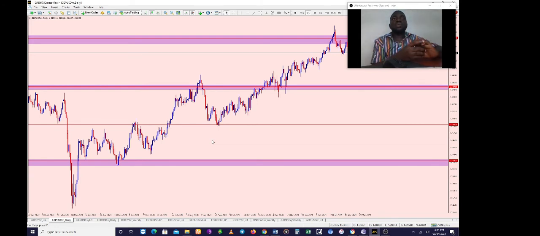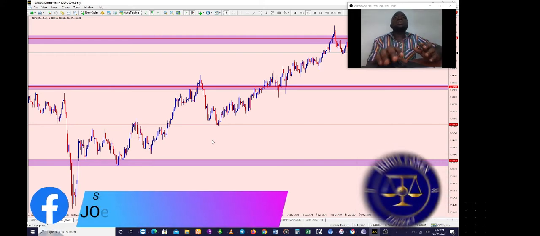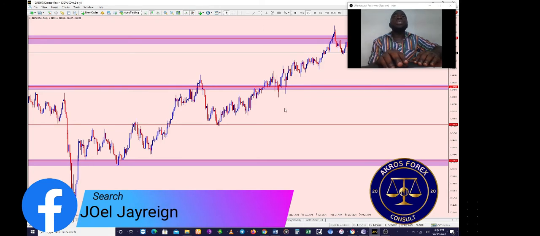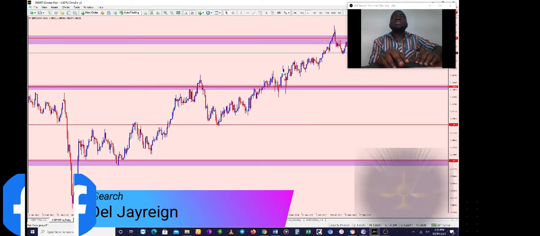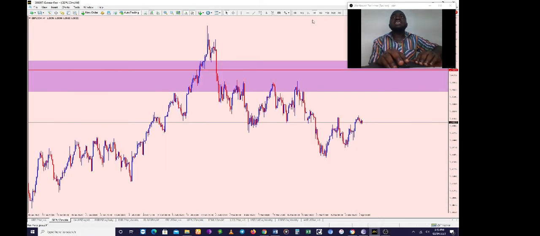But the most important support and resistance is to draw from the higher time frames: the monthly, the weekly, and the daily. The 4-hour is where you assemble all your strategies together with the foundation of the technicals to make a trading decision. So let's go to the 4-hour time frame, then let's see how we trade using cable.